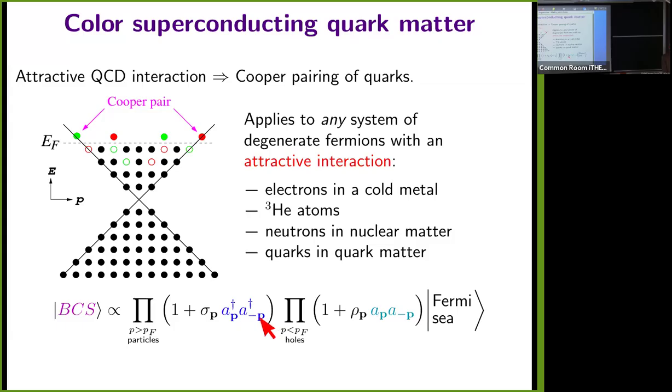And you construct this state by operating on the Fermi sea with these operators. You choose these coefficients here to minimize the energy, and you find a new ground state that is lower in energy than the bare Fermi sea because it exploits the attractive interaction. And the one that exploits the attractive interaction best is the favored state. So that's what's going on in a color superconductor.